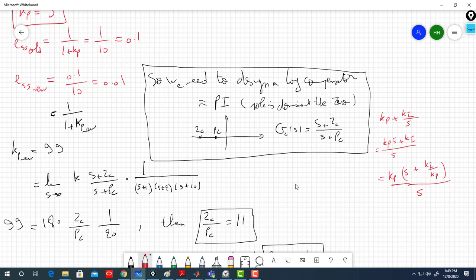Okay, so this is the PI, it has a pure integrator. In the previous exercise, exercise 1, we had S plus 0.1 over S times K, which came from the gain, so it was a PI controller, pure integral. Now it's equivalent to it, but S plus zero over S plus pole, multiplied by gain K, which in this case was 180.